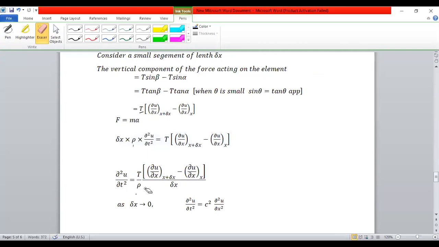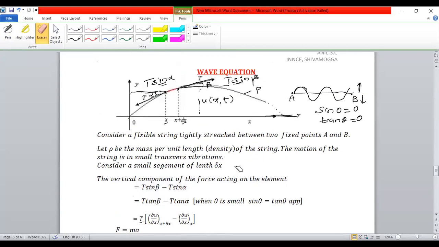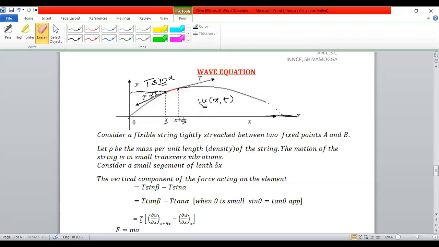If you have any doubts, you can unmute. Now it's cleaned.